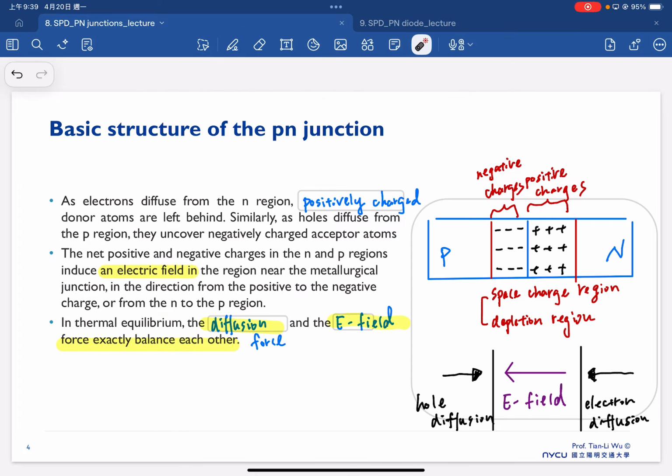So this is the reason why we won't see this semiconductor become a material that has an equal electron and hole concentration in the P and N region, because of this space charge that creates this electric field, and this electric field will try to balance the hole diffusion and also balance the electron diffusion.